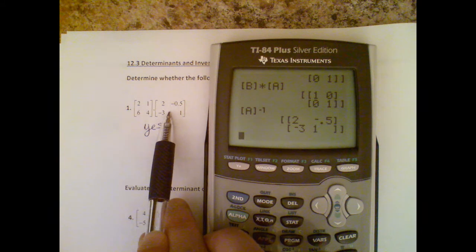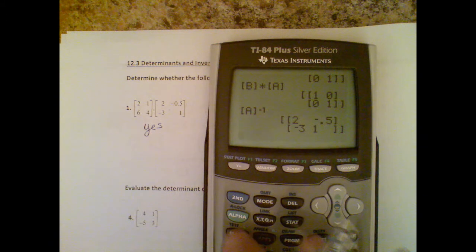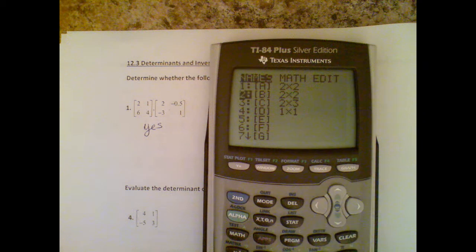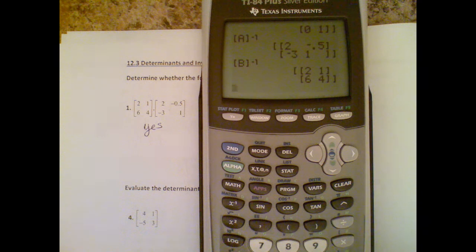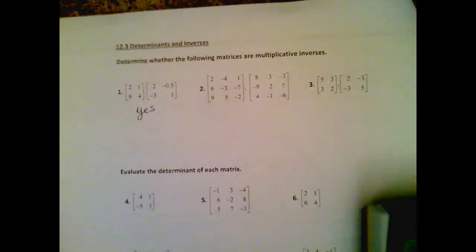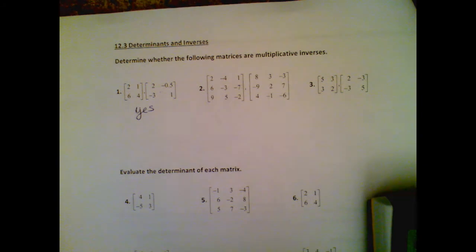So then they are inverses of one another. And if we wanted to check this second one, we could go to second matrix, go to B, and then do that -1 button. Click on it. And then notice we get the other one. So they are inverses of one another. And you can do the same for 3 by 3s, any square dimension.